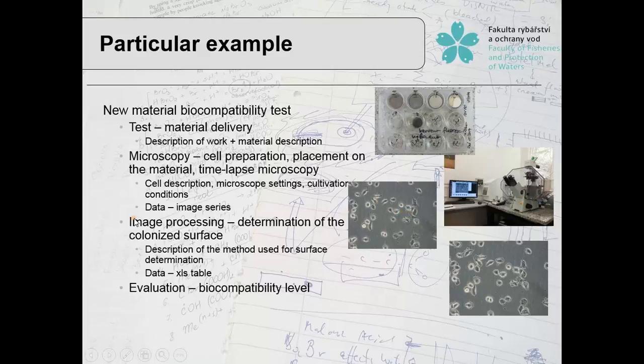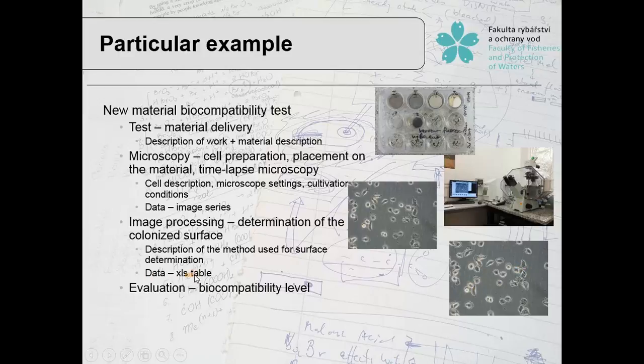In the third step, we do some analysis of the cell behavior. It can be done by image processing or just manual observation of the cells. Here we have to describe what method we used for the analysis of our data. It can be some setting of the software, or we can simply describe in the protocol how we analyzed the cell growth.